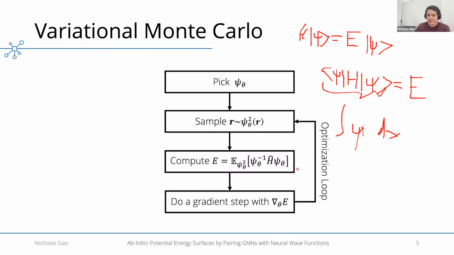Exactly. This integral is what we have to compute at every step. And we approximate it numerically with Monte-Carlo. This is why it's called variational Monte-Carlo, because we approximate all of our integrals with just Monte-Carlo estimates.